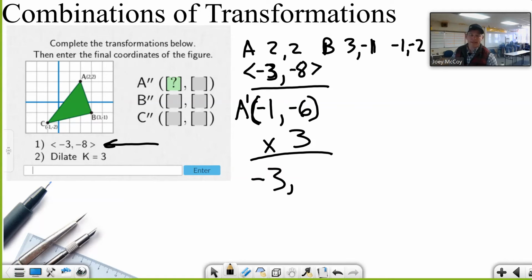And -6 times 3 is -18. And I want you to notice that our grid isn't big enough to fit this number on there. That's why understanding the coordinates, knowing where they're going to land mathematically, is so helpful. So your task is to apply the translation and then multiply it by 3. Okay?